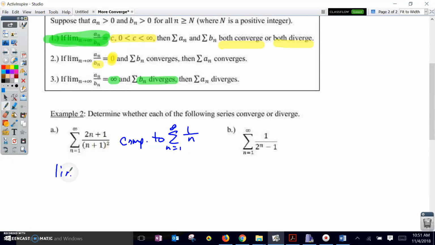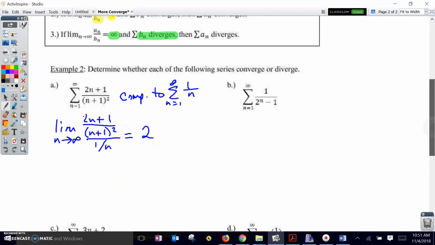The limit as n goes to infinity of 2n plus 1 over n plus 1 squared all over 1 over n is going to be equal to 2. Okay, so these two share convergence-divergence behavior.